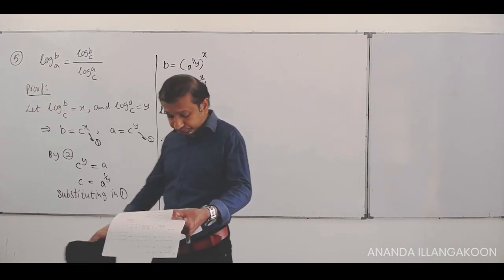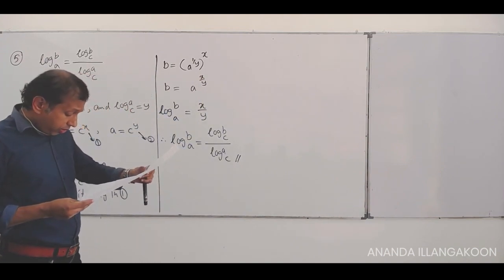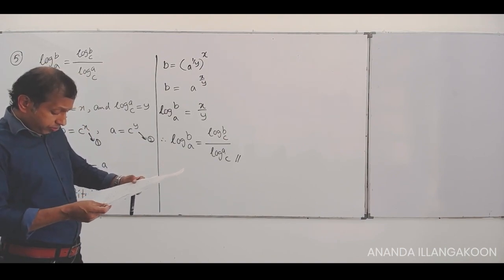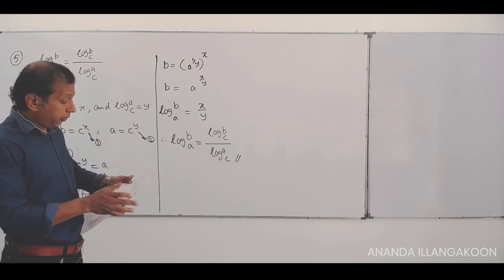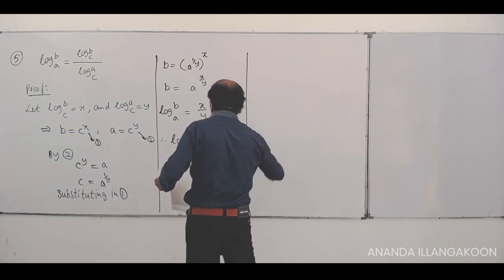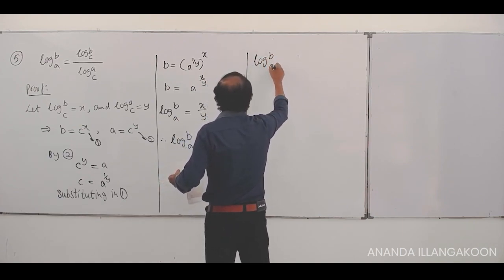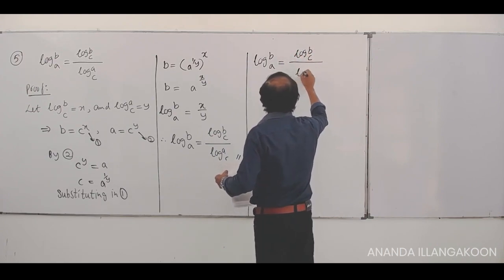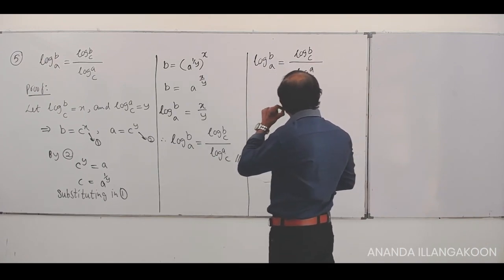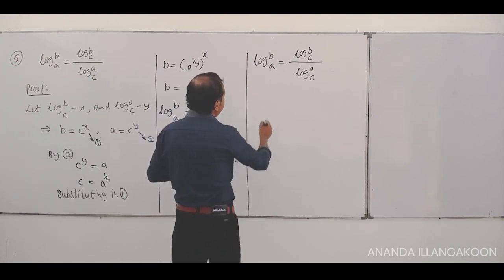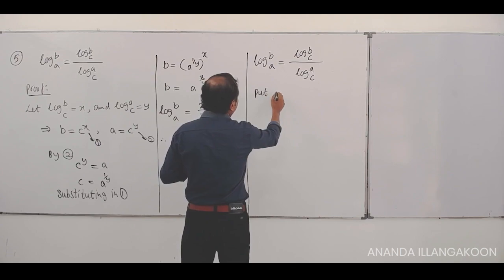Second, what is asked? Hence, reduce that log b to the base a. Yeah, this, right. Now we have proved this, so I can use it now. Log b to the base a is log b to the base c over log a to the base c. Right. Now I'm going to use here, we put c equals b.